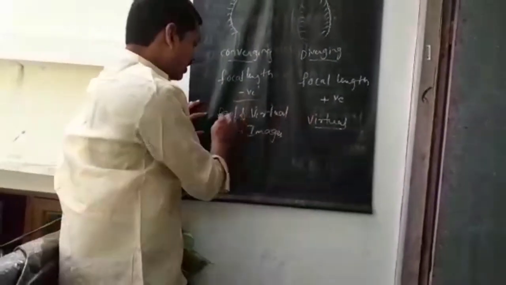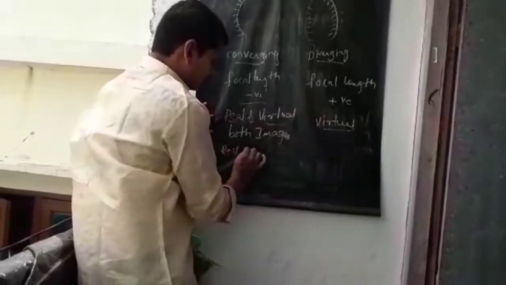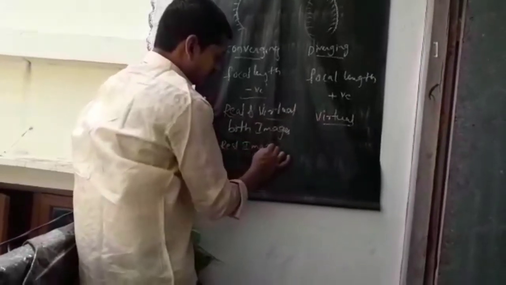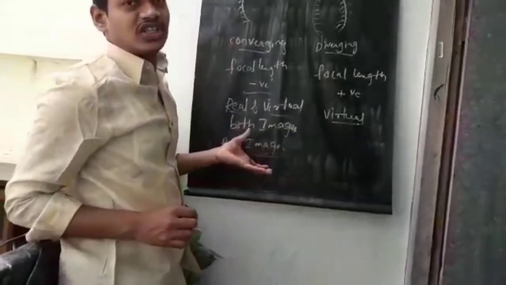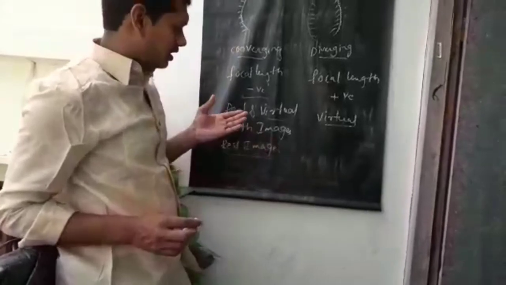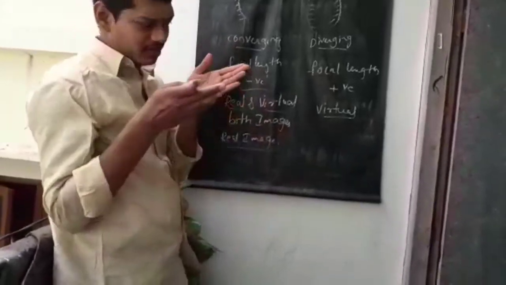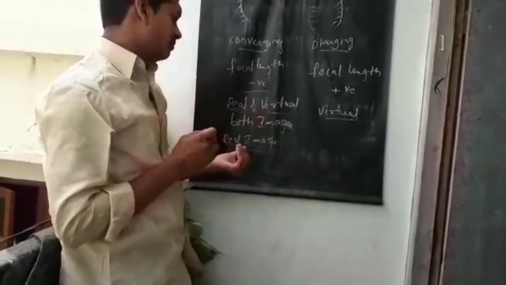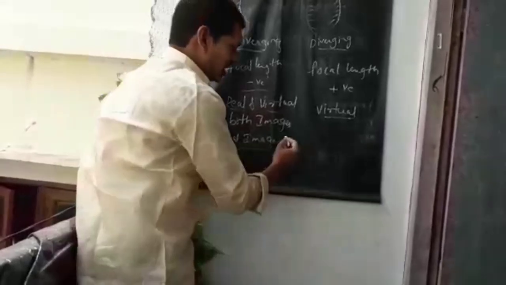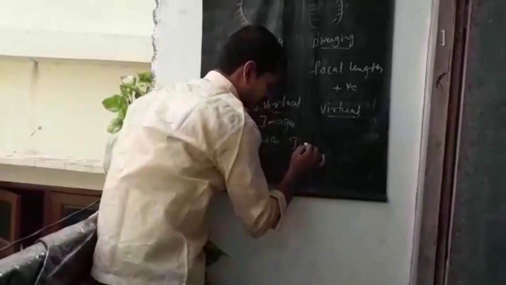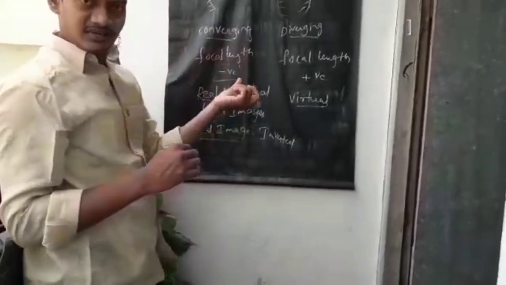So I will explain what is real and what is virtual. When we talk about a real image, it is nothing but converging. Whenever light rays pass through an object, they meet at a certain point, and then we can say definitely a real image is formed. A real image is inverted.